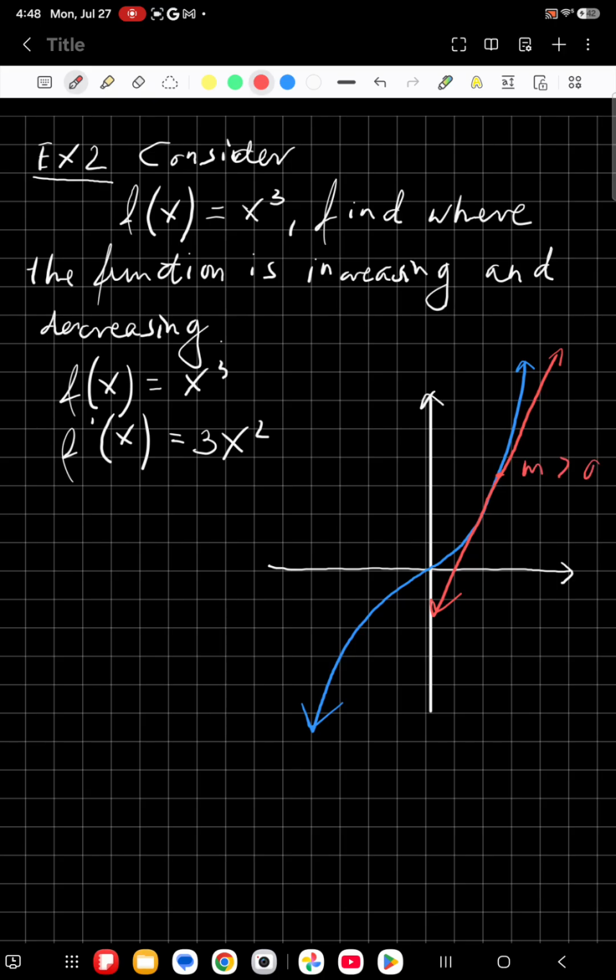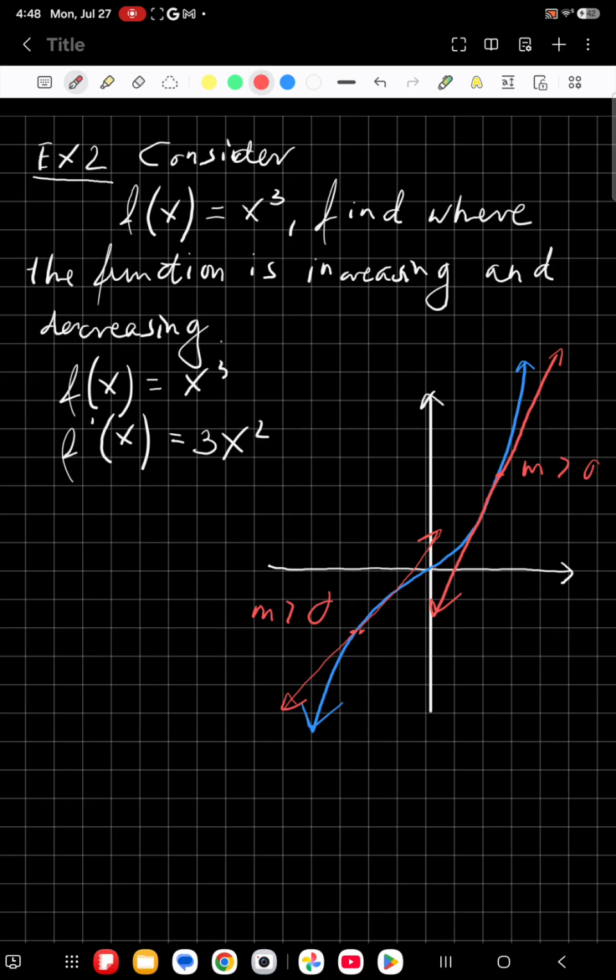And so the function is increasing. Same thing here. So we will say that the function is increasing from negative infinity to positive infinity. So the slope is positive.